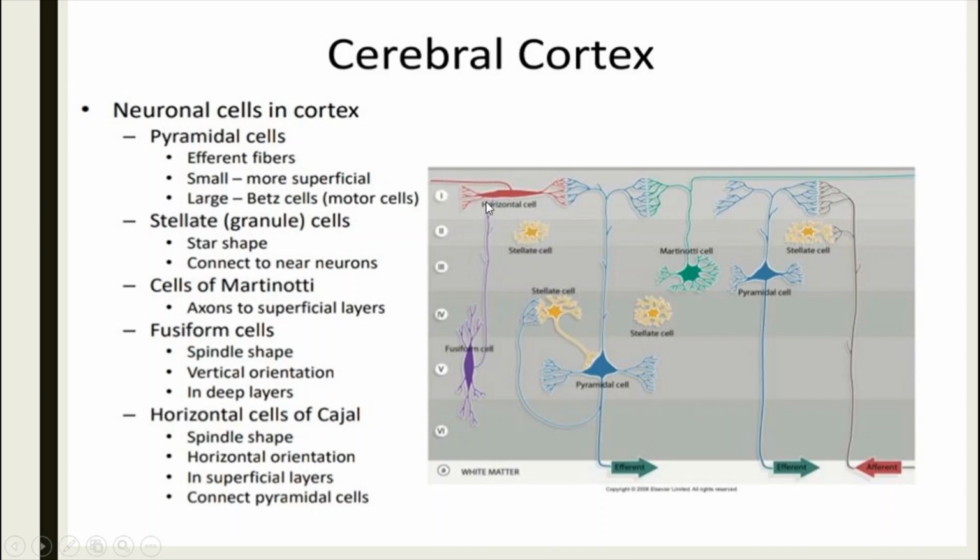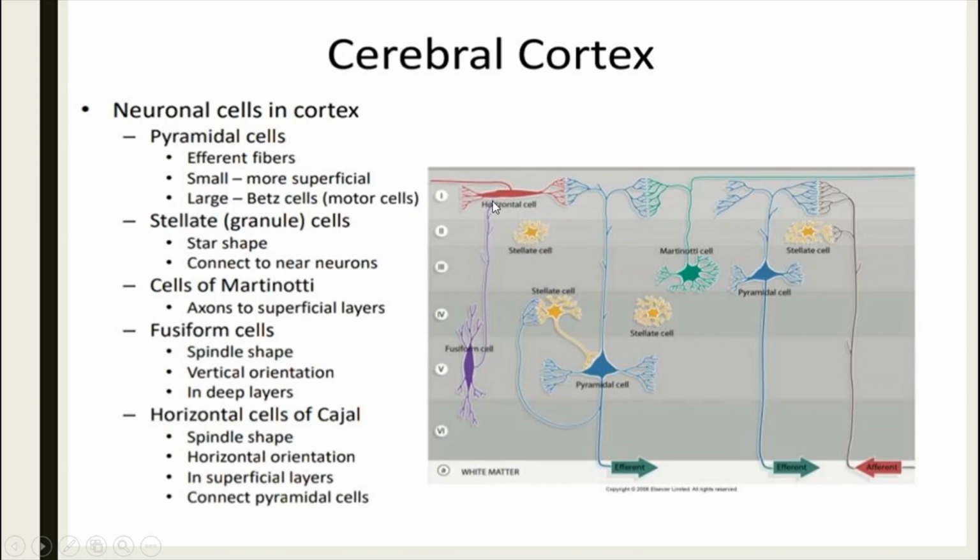Another type of cell which can be seen on the superficial aspect is the horizontal cell. As the name denotes, the cell body is placed horizontally. It is also a spindle-shaped structure with a horizontal orientation, presenting itself on the superficial layer.